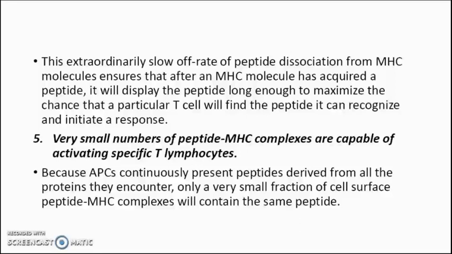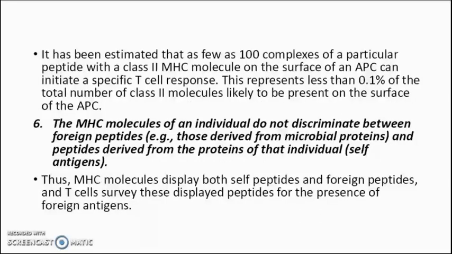Because antigen-presenting cells continuously present peptides derived from all the proteins they encounter, only a very small fraction of cell surface peptide MHC complexes will contain the same peptide. It has been estimated that as few as 100 complexes of a particular peptide with a class 2 MHC molecule on the surface of an antigen-presenting cell can initiate a specific T cell response.